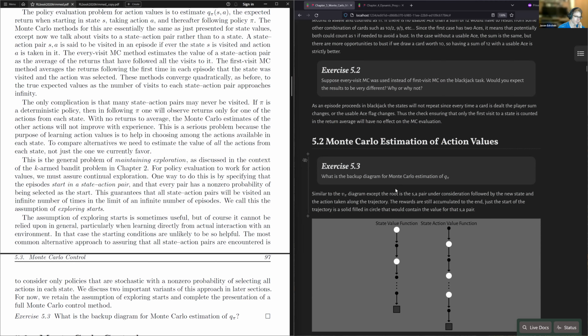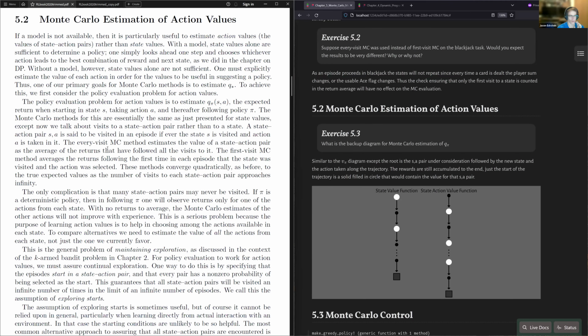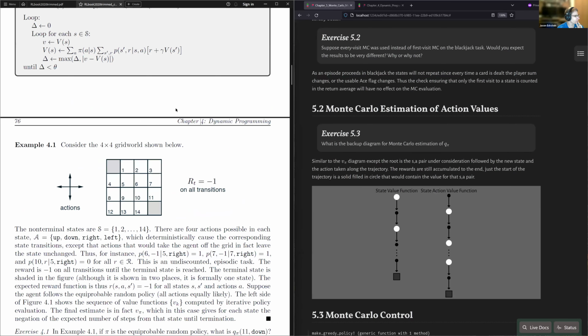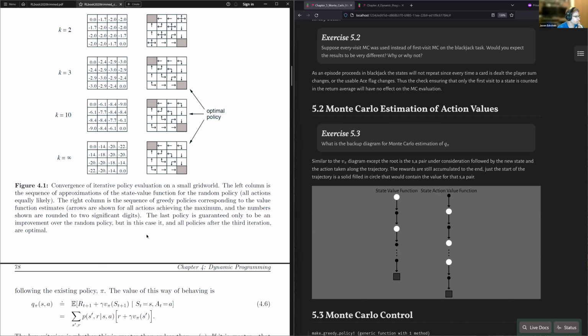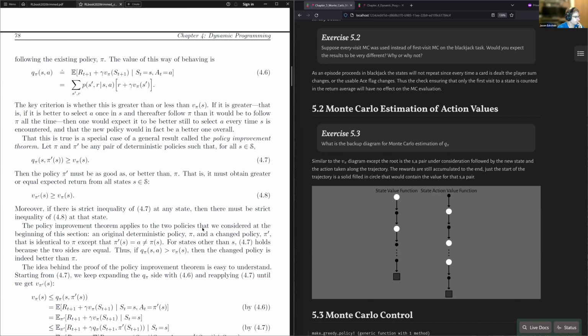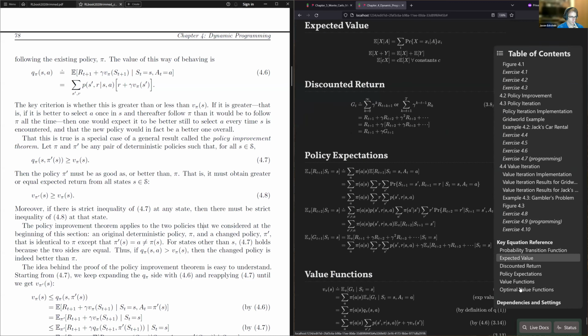So the point of this section is an important one, which is that our goal eventually is to improve the policy. And if you look at the previous section, the way we improve the policy is by eventually selecting the greedy policy.